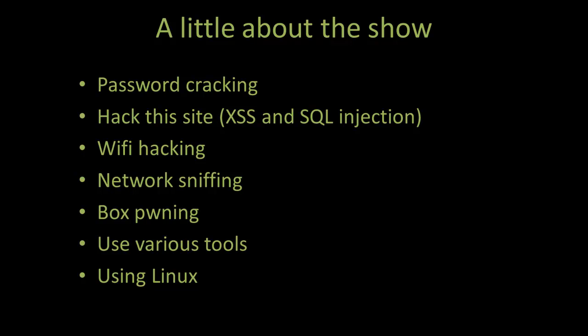We'll use other tools too, and we're going to be using the penguins most importantly, so don't be afraid. You will get used to it and you'll start to notice that Windows is actually a really crappy operating system. And in Linux we're going to use some Ubuntu first off, and then we'll go on to Backtrack, which is mostly a command line operating system.